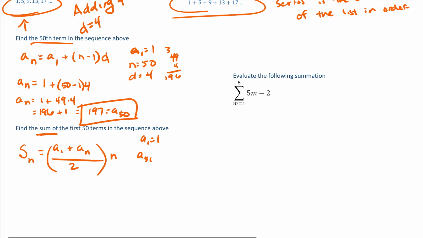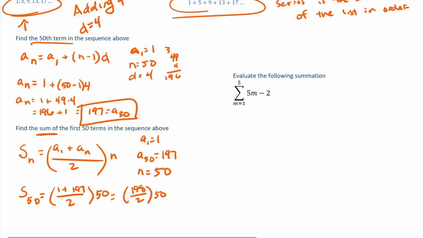And then I found the 50th term already, so that's pretty simple. That's 197. And then I have my n. I want to be adding together the first 50 terms. So the sum of the first 50 terms will be 1 plus 197 divided by 2, and that is multiplied by 50. So simplifying that, that gives me 198 over 2 times 50.